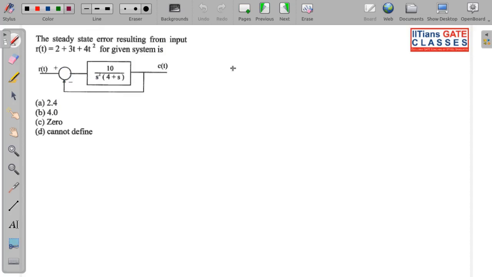Over here your r(t) is given as 2u(t), I have already told you in control systems every signal is a causal signal, plus 3t u(t) plus 4t square. And over here G(s) is equal to 10 over s square (s plus 4).